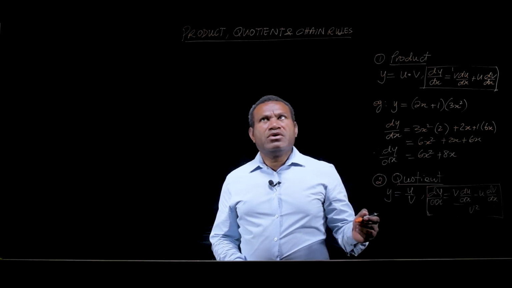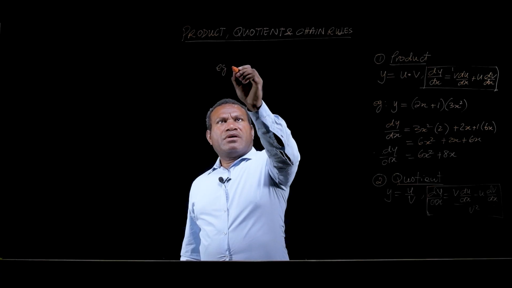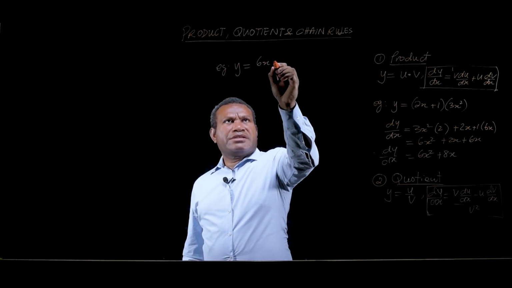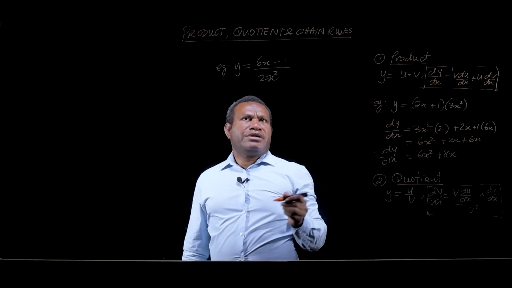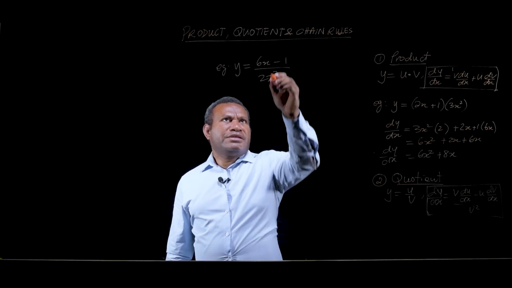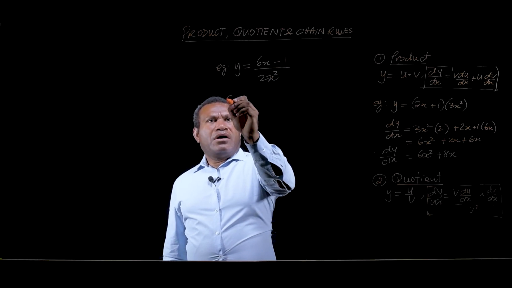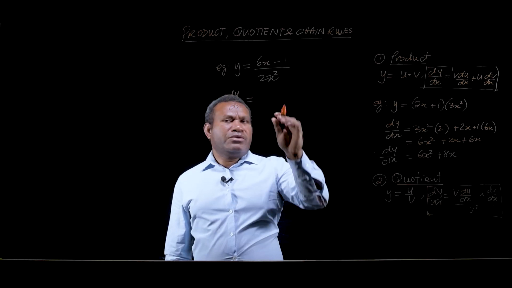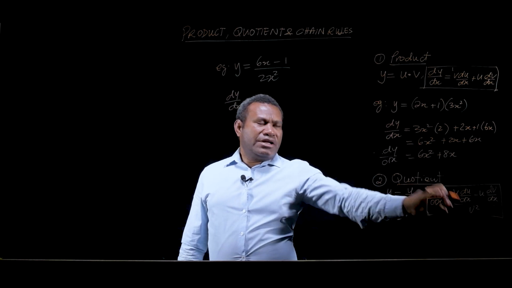So let's look at one example. If I have y is equal to the function 6x minus 1 divided by 2x squared, then this function is a quotient. So we say dy over dx of this function will be, again, what you need to do is plug the functions into the formula that we have derived.